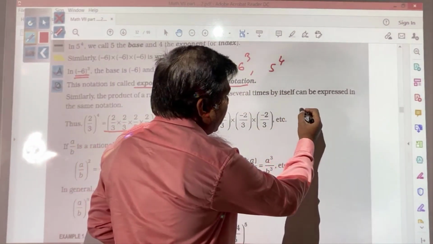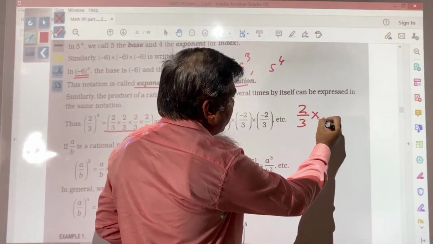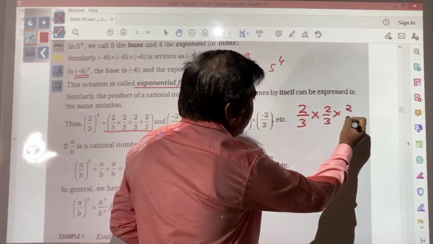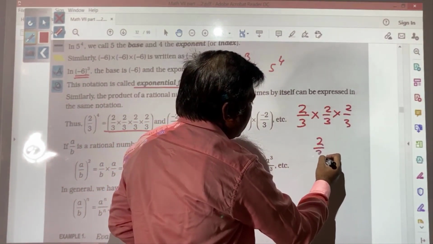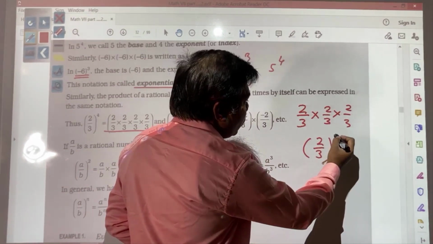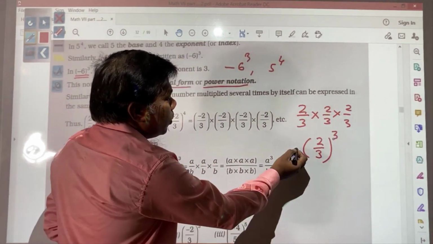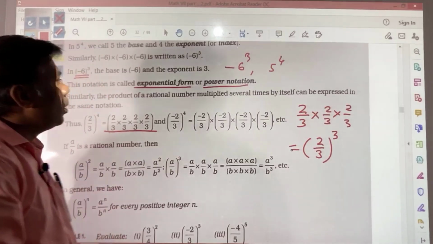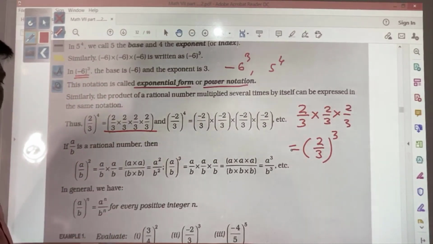Suppose we have 2 by 3, 2 by 3, 2 by 3, this can be written as 2 by 3 to the power 3. So this is called exponential form or power notation.